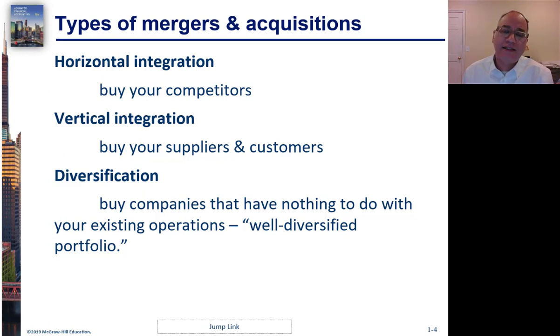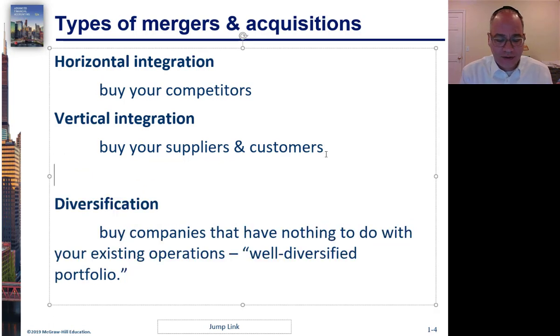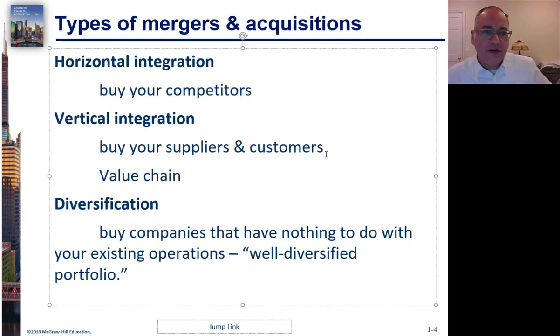What would be ideal is that you have what's called a value chain, where you buy companies that go up and down the value chain.